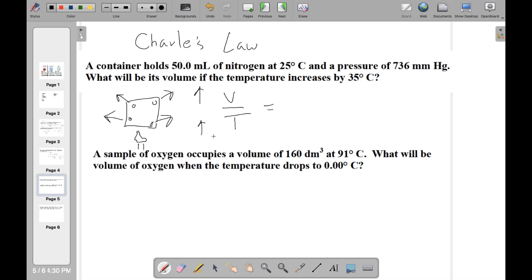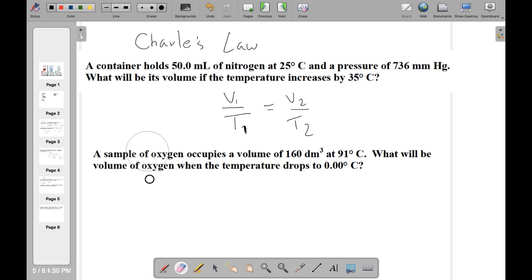If the heat decreases, the volume decreases. So I have V1, T1, V2, T2. That is Charles' law. That is the equation, the relationship between volume and temperature.